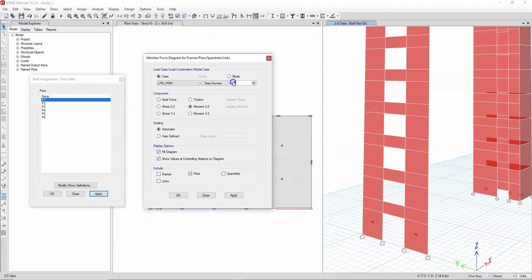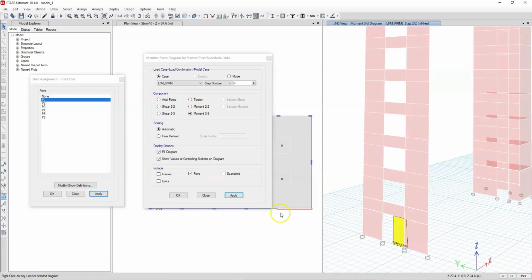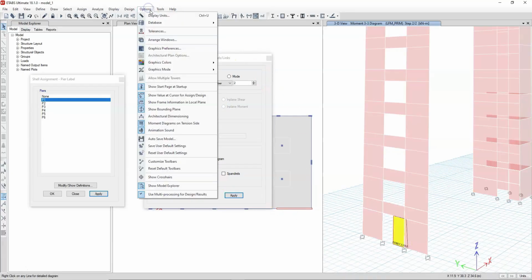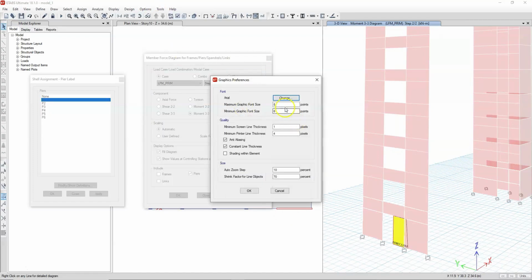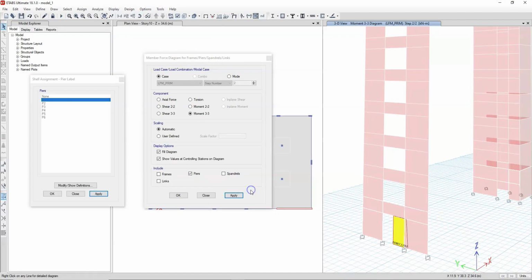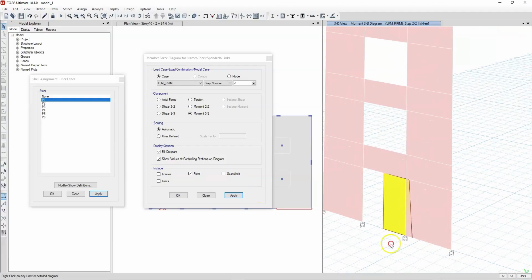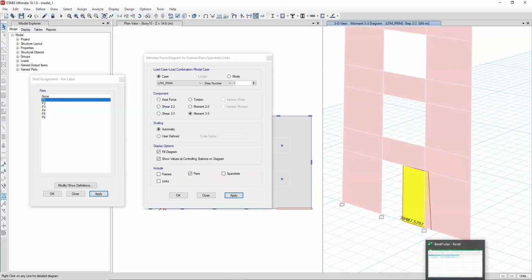We will look at the global moment of this set in the y direction. Let's change the text size a bit. Here we clearly see the result of the total moment of this set at the base.